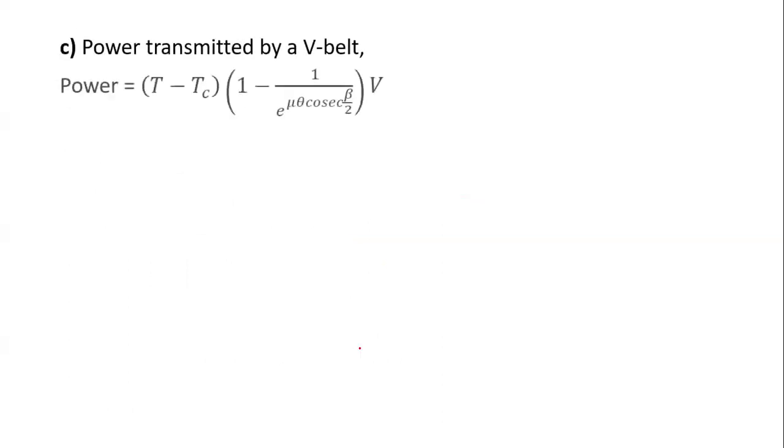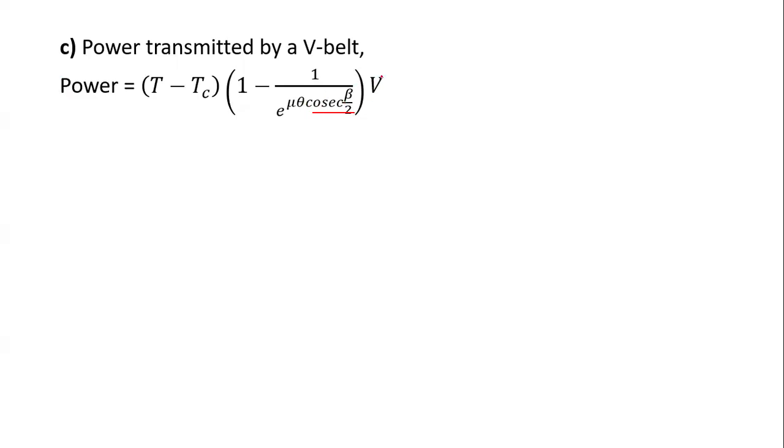Now, suppose this is a V belt. If this is a V belt, then power is T minus TC in the brackets, open brackets, 1 minus 1 over e raised to power mu theta. Then this is the only addition: cosec beta over 2. Cosec is the same as 1 over sine, so if you want, you can introduce that as 1 over sine at that angle.